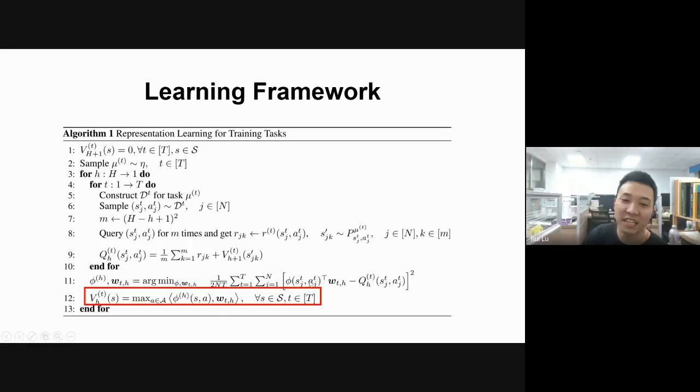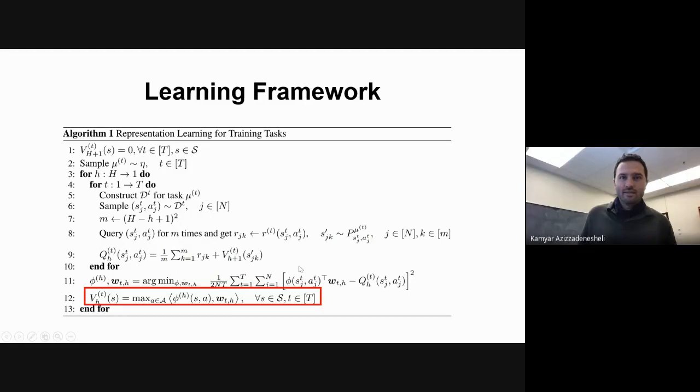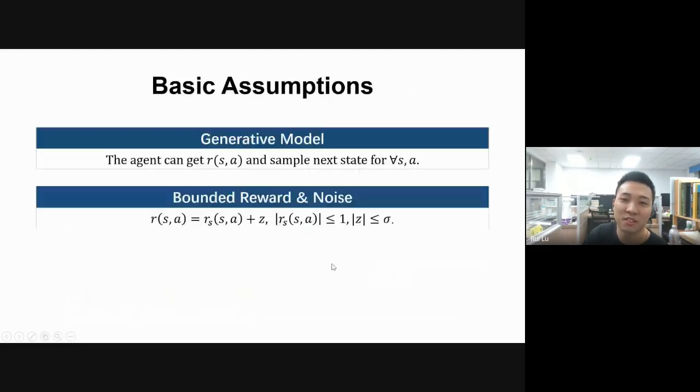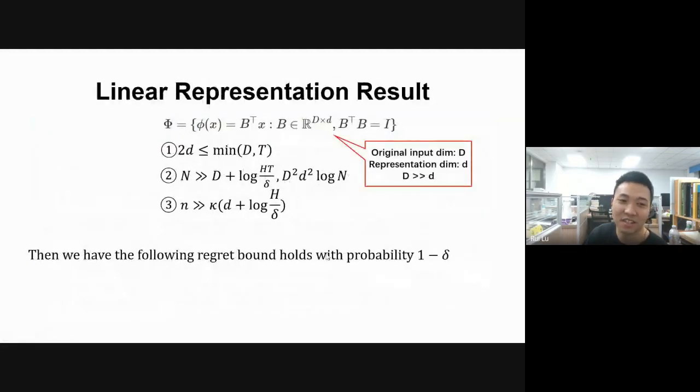But if you plug in this phi to be B transpose x, then actually this is x B w. So you can just take the product of these B w. So you just optimize over these capital D dimensional vectors. You never deal with the real large matrix. This large matrix is reconstructed after you get capital D number of these Bw, and then you use SVD to reconstruct this B. So it doesn't matter.